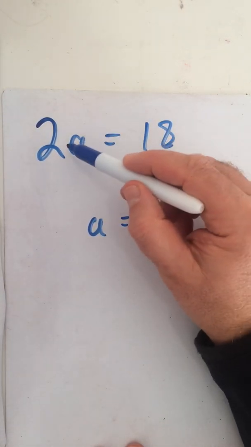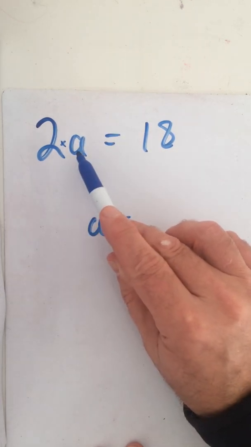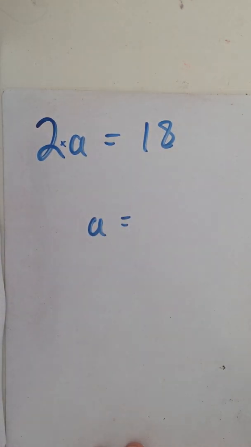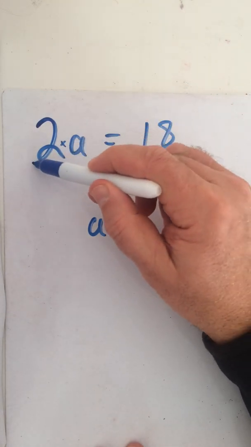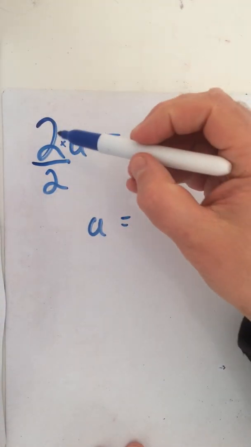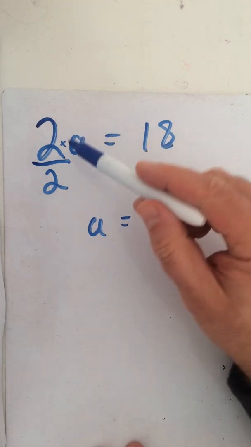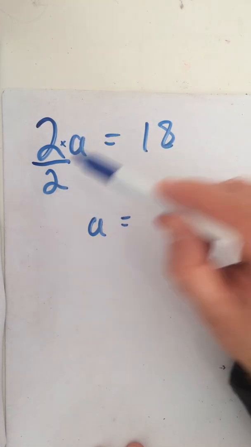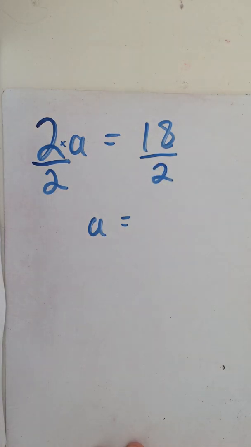Now remember, this is an invisible times sign here, isn't it? So this is 2 times a. So in order to get rid of that, because it's a times, I'm going to have to do the opposite of times, which is divide. So I'm going to divide that by 2. Okay, so 2a divided by 2 gives me a. Okay, because it's that invisible times, I divide. Because I divide on this side, I divide on the other as well.